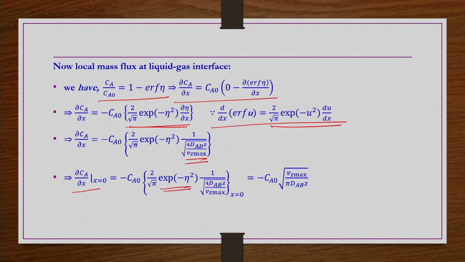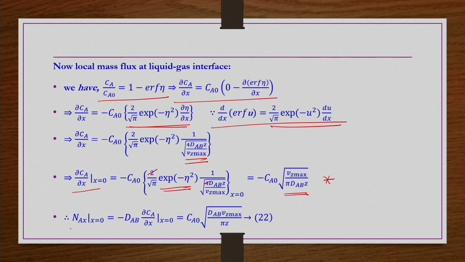The square root of 4 is nothing but 2, so that is cancelled out, and then this pi we are also taking into the square root term. So, minus Ca naught square root of Vz max by pi dAbz, that is what we get.